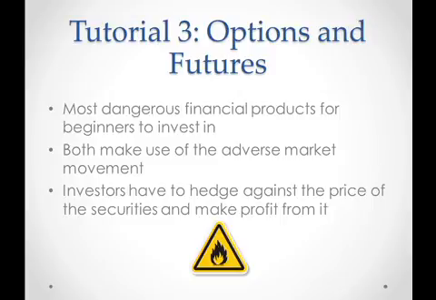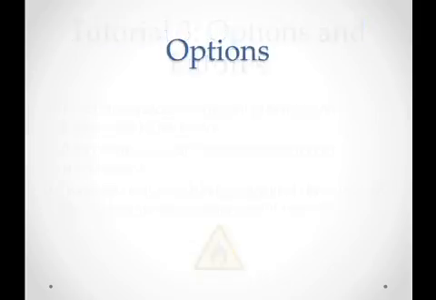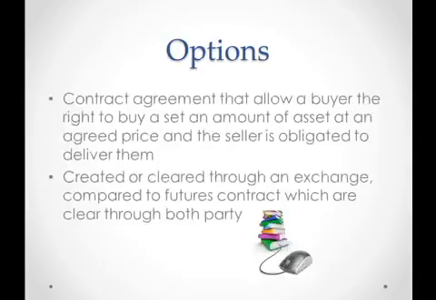Now, let's take a look at options. Options are a contract agreement that allow a buyer the right to buy a set amount of an asset at an agreed price, and the seller is obligated to deliver them.